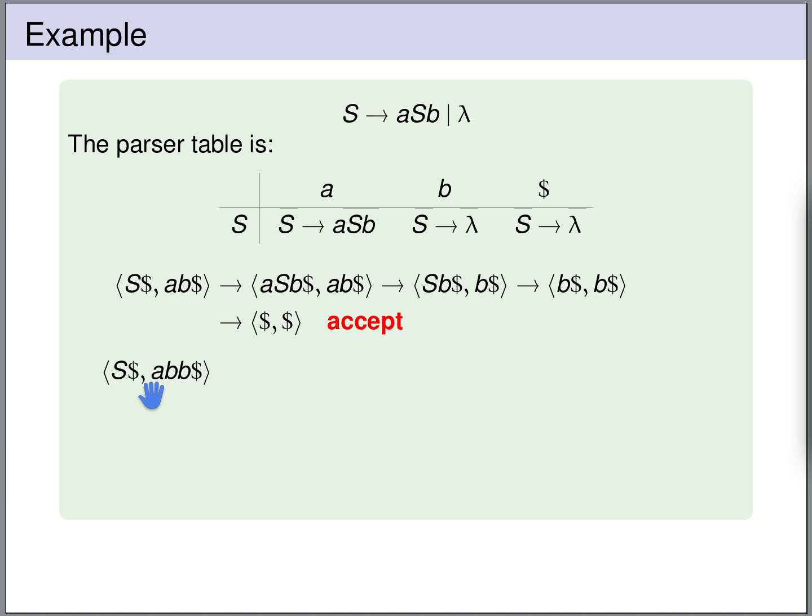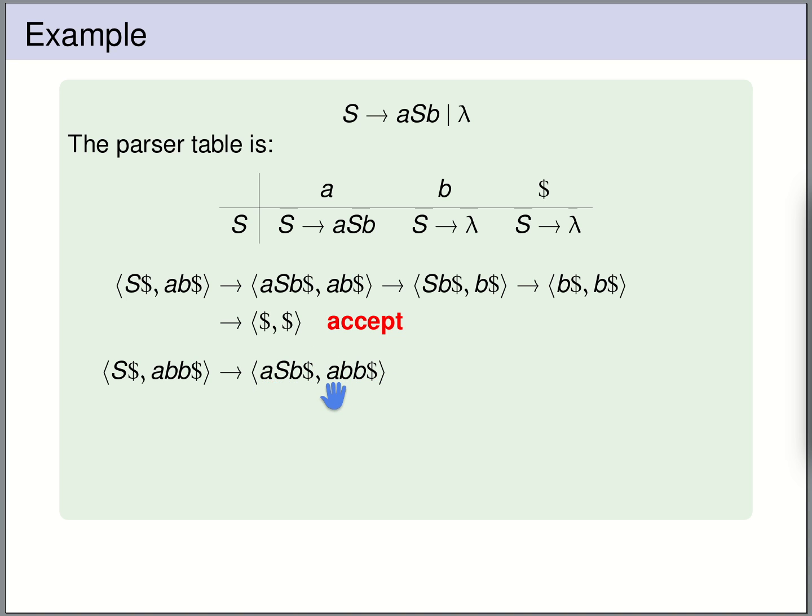We've successfully parsed the input AB. Let's try to parse the input word ABB. Again, we have variable S and we want to derive input letter A. So we look at position S,A in our parser table, and the parser table tells us we have to apply this rule. We apply this rule to S, gives us this.